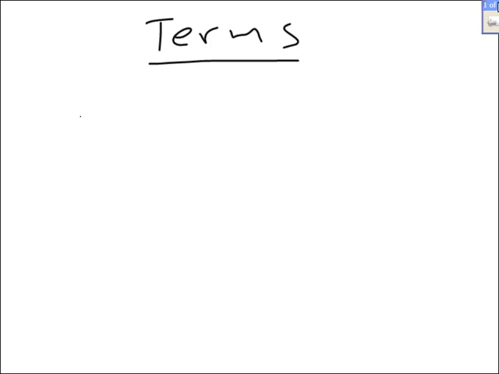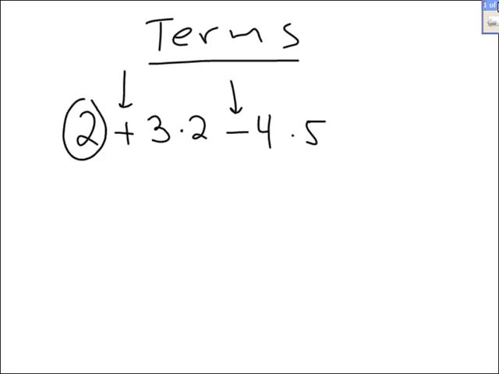For example, if you have 2 plus 3 times 2 minus 4 times 5, the addition and subtraction symbols separate this expression into 3 terms. Notice the only things I did not circle are the plus and minuses. And the terms are what we're going to add and subtract.